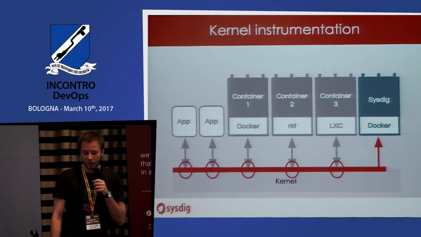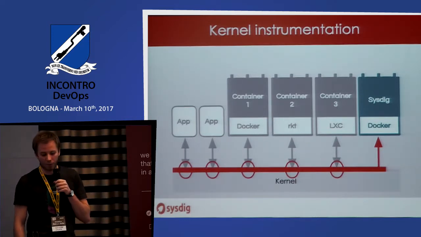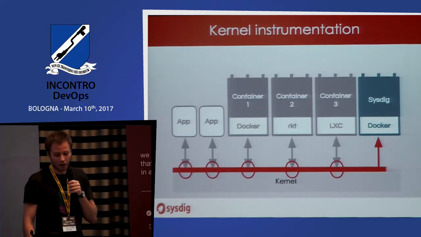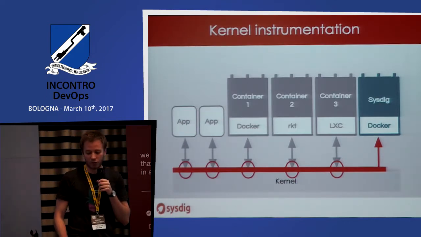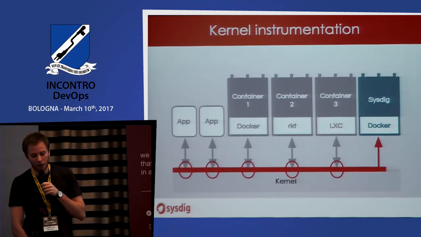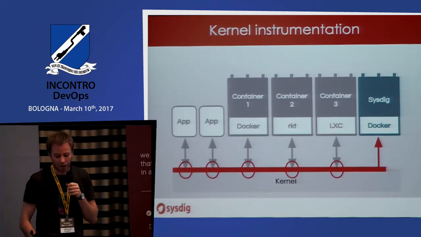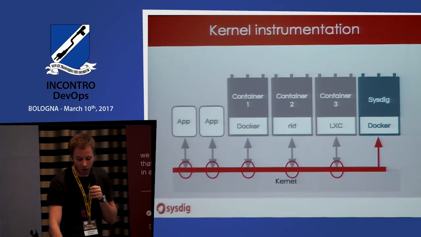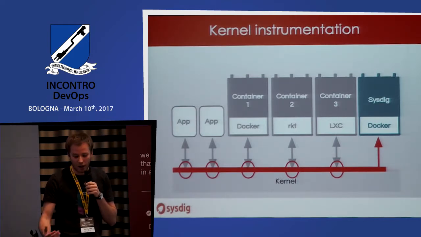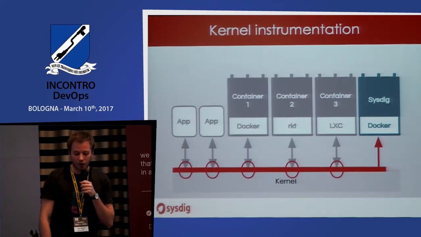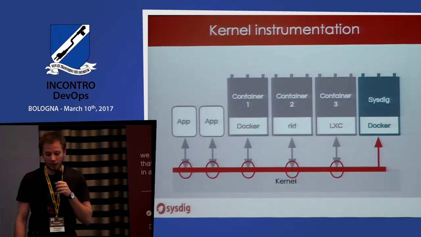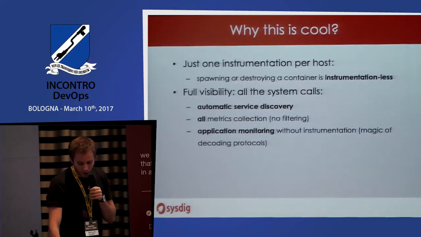All the dependencies, the ease of scale and the performance of a container are now an advantage for us, because you just have to deploy a container with this monitoring tool, and all the node computing machines will be instrumented. For example, in Kubernetes, you can simply add in the API that for every machine you want to add a Sysdig container, and you will have your whole infrastructure instrumented with the least overhead possible.